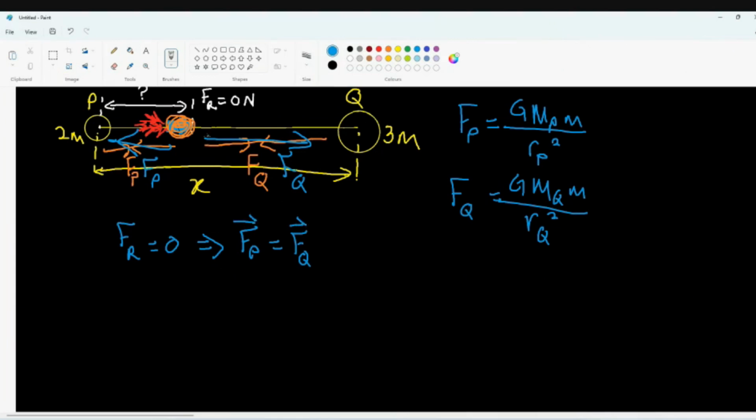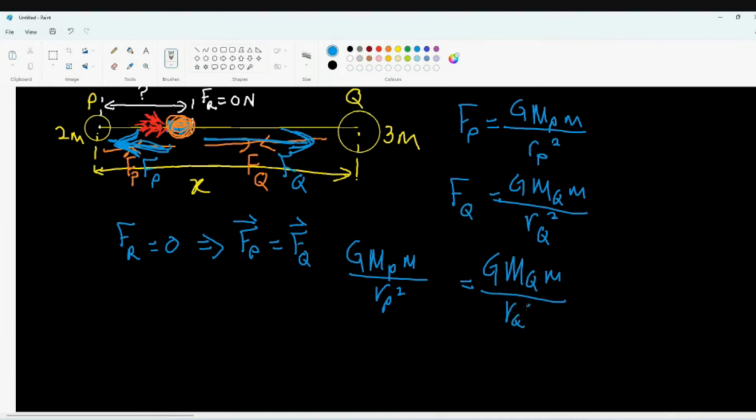FP is the rocket towards planet P, and FQ is the rocket towards planet Q. To make sure the result is 0, these two must be equal. So we have G MP times the rocket mass over RP squared equal to G MQ times the rocket mass over RQ squared.